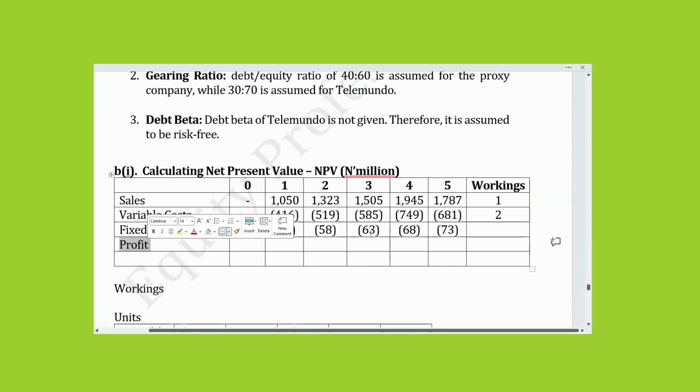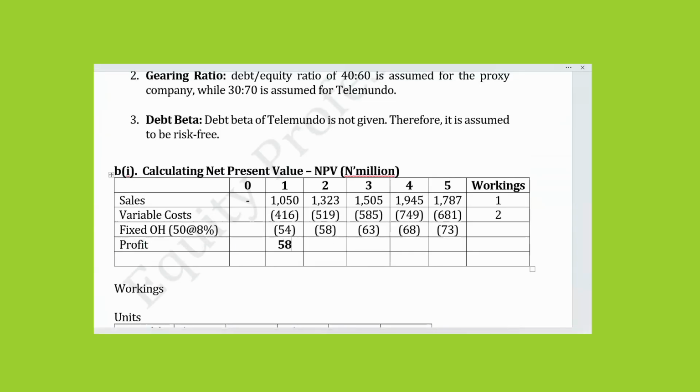Okay, so for the first year, 580. Year 2, 746. Year 3, 857.